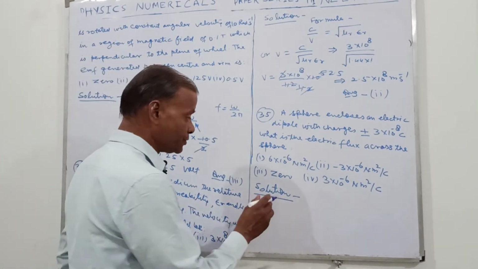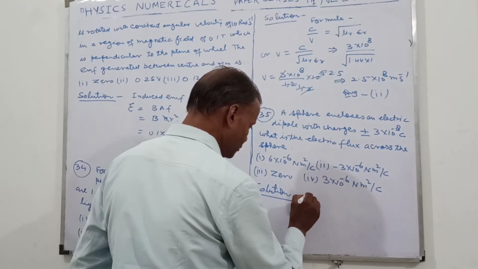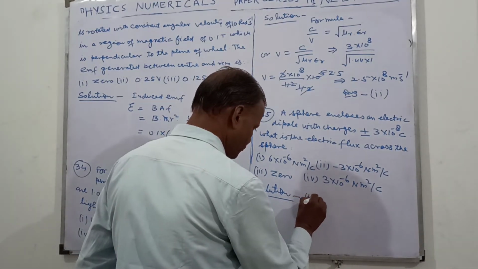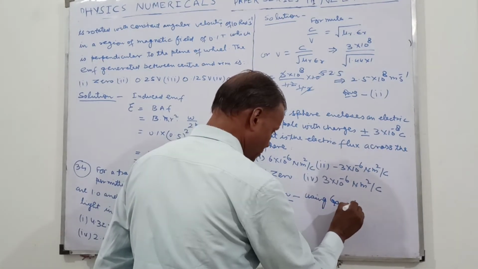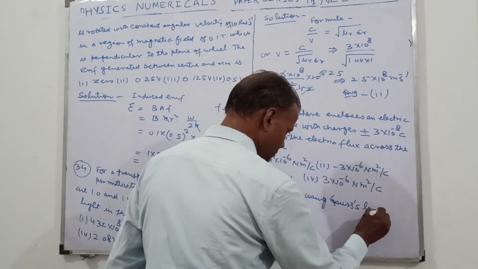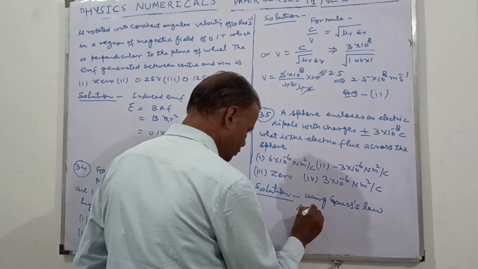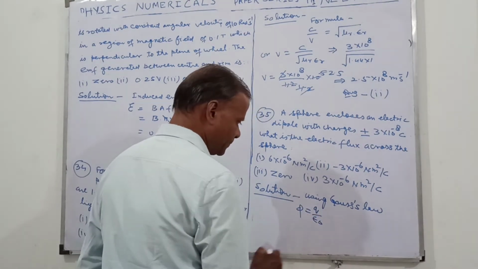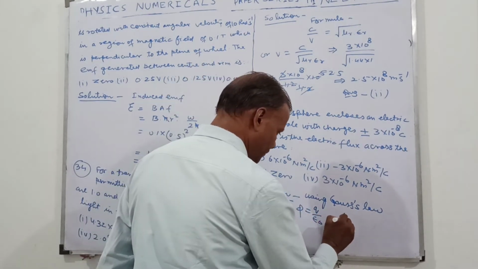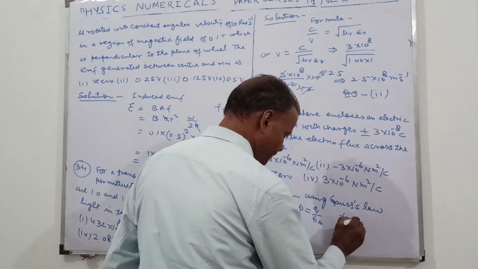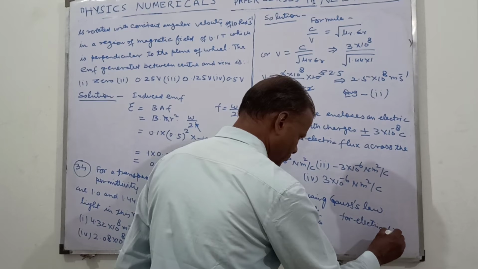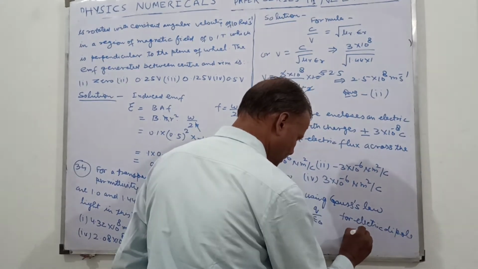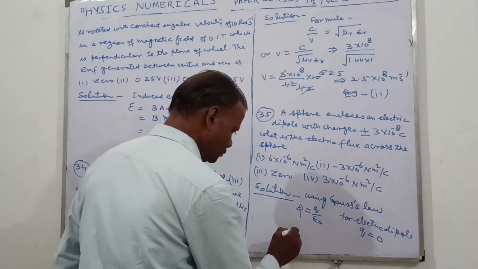If you want the solution, we can get it from Gauss law. Gauss law: phi equals q upon epsilon naught. And for an electric dipole, q is equal to 0.